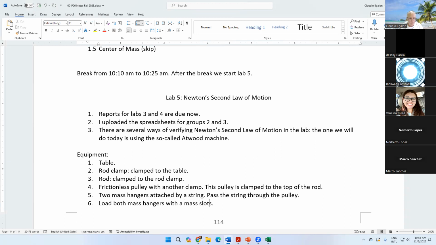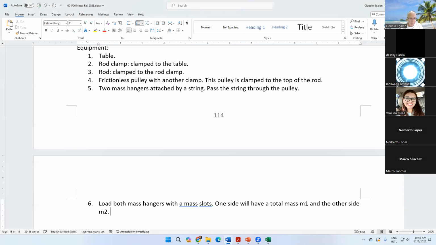One side will have a total mass M1 and the other side M2, like that.